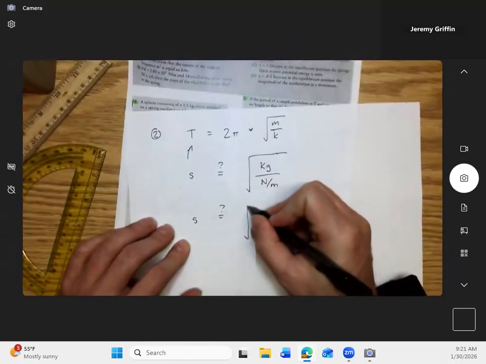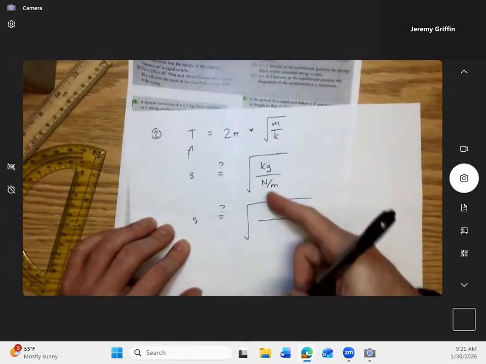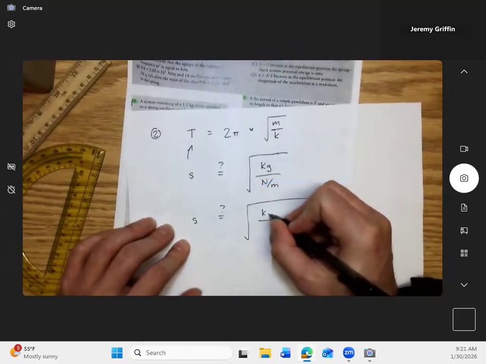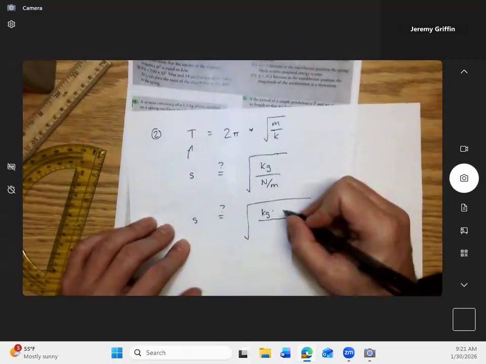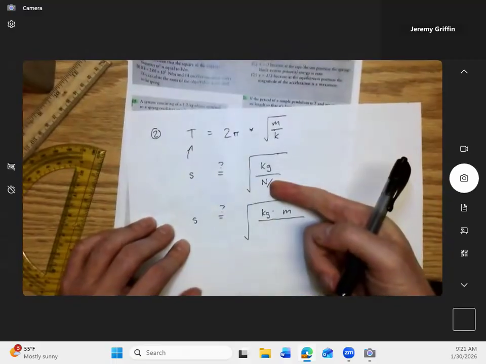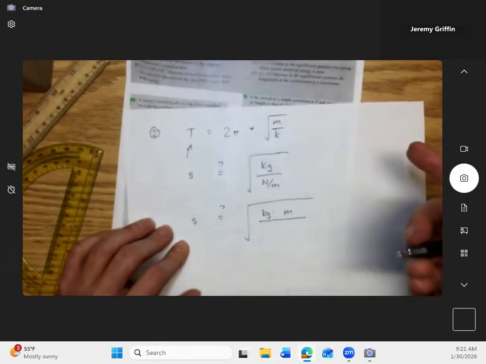Square root, got a fraction within a fraction. I'm going to keep kilograms on top. Can I take that meters down here and flip it up on top also? Meters. And what does newtons break down into? Kilogram meter per second squared, from Newton's second law of motion, F equals ma.